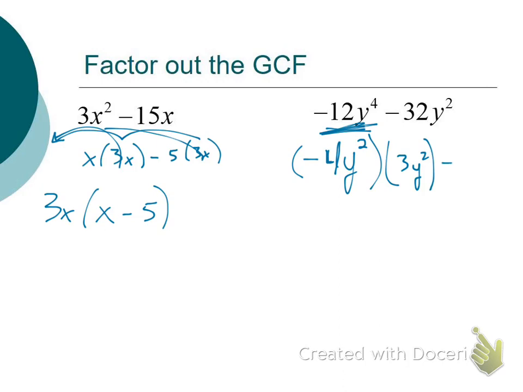Then this other guy I can again rewrite as negative 4y squared times 8.